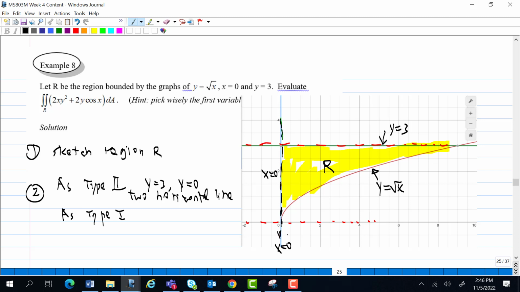The other one, you can figure out where, at this point is x equal to 9. The yellow region is x equal to 0 to x equal to 9, two vertical lines.